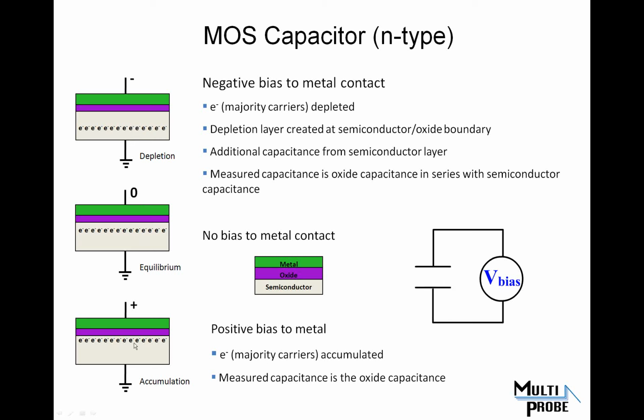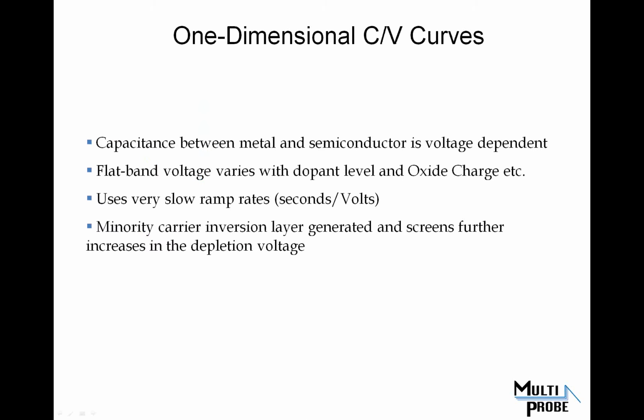And effectively, in the bottom picture, the capacitance would be highest because the charges are closest together. So we get this capacitance in a MOS structure or in a gate structure. It's voltage dependent because, of course, you're moving charges in and out of the device. And those charge changes can be detected nicely by the capacitance sensor.